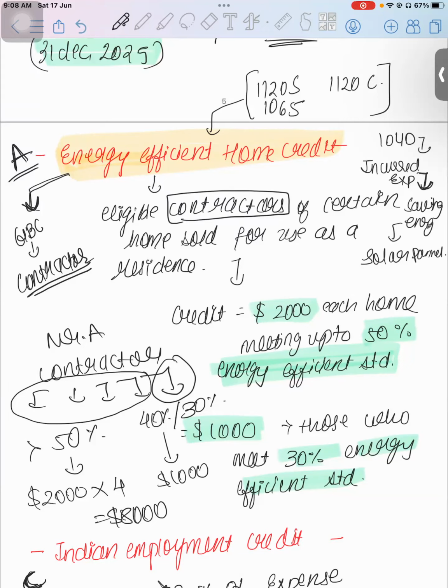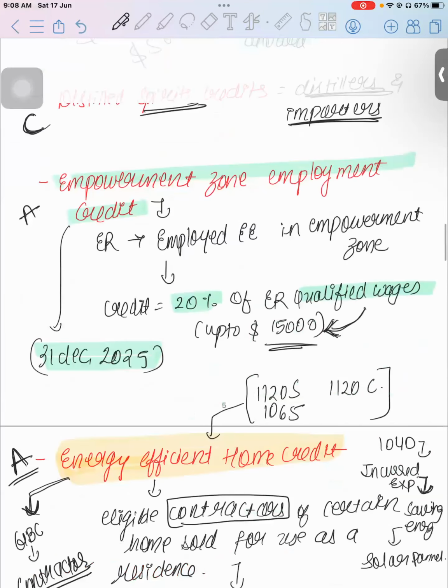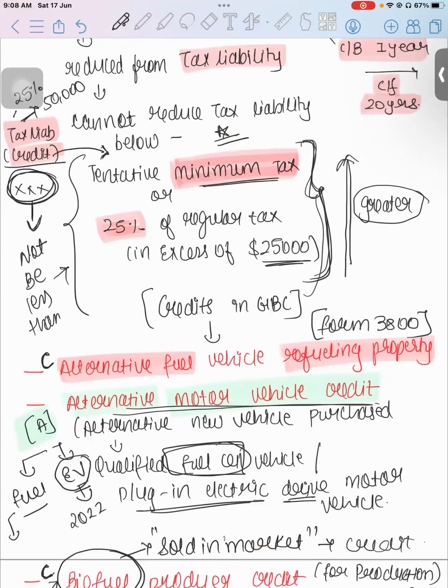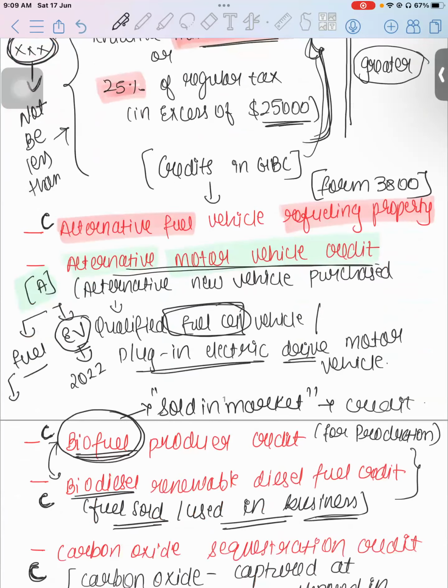But remember one thing: when you enter the credit in the tax return, the tax software will do some calculation based on your income. That calculation is the minimum of the alternate minimum tax or 25%, and it will be done by the software. Then when you check the output form, you will see how much maximum credit he can get. Okay, this is applicable.